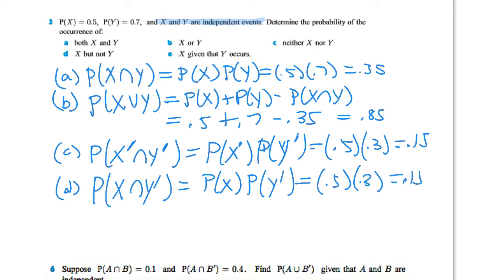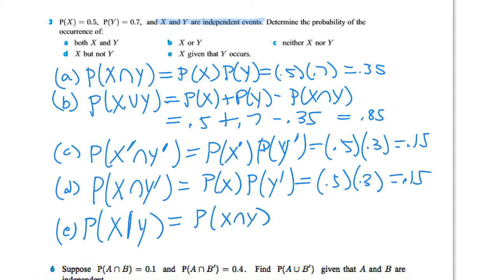Or 0.15 again. And part E, the probability of X given Y, formula tells us to take X intersection Y in the numerator over P(Y) in the denominator. X intersection Y we found up there in part A was 0.35. P(Y) was given to be 0.7. So we'll just get 0.5 for this.